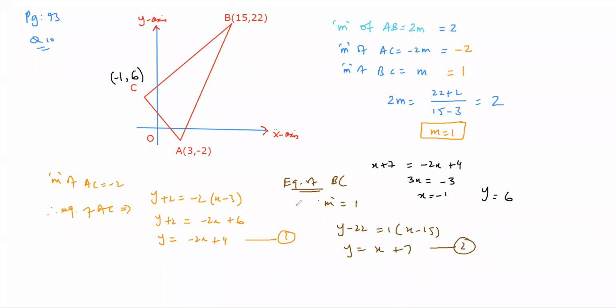Now, next it says the perpendicular bisector of AB meets BC at D. So it would be something like this. Now, does it look like the perpendicular bisector of AB?